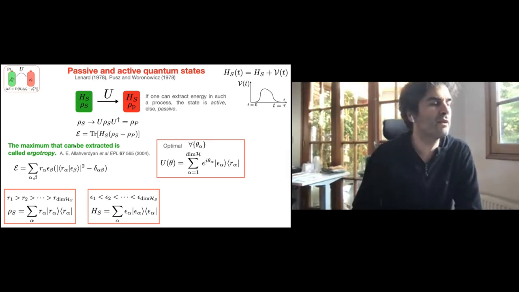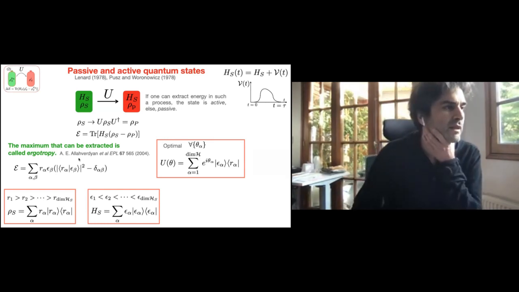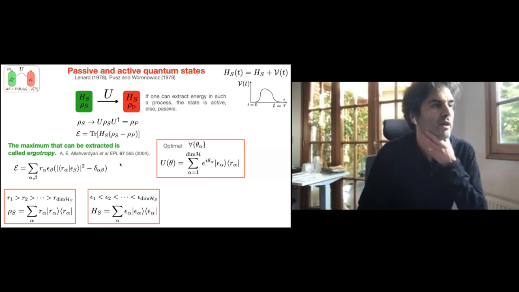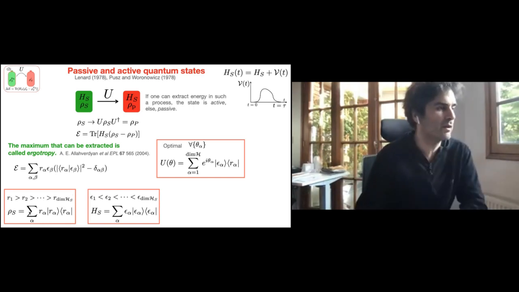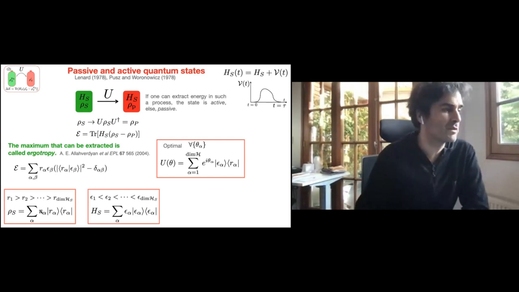This quantity was discussed in this paper. It was shown that it has an explicit formula given in terms of the initial state, ρS, which I write here in its spectral decomposition.